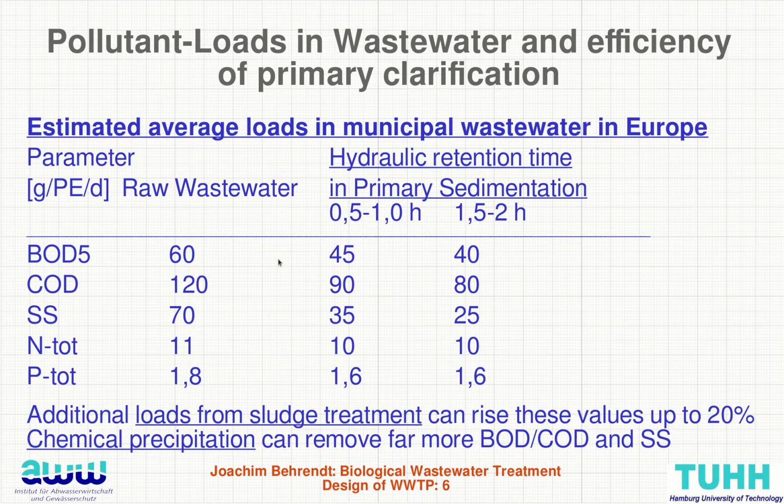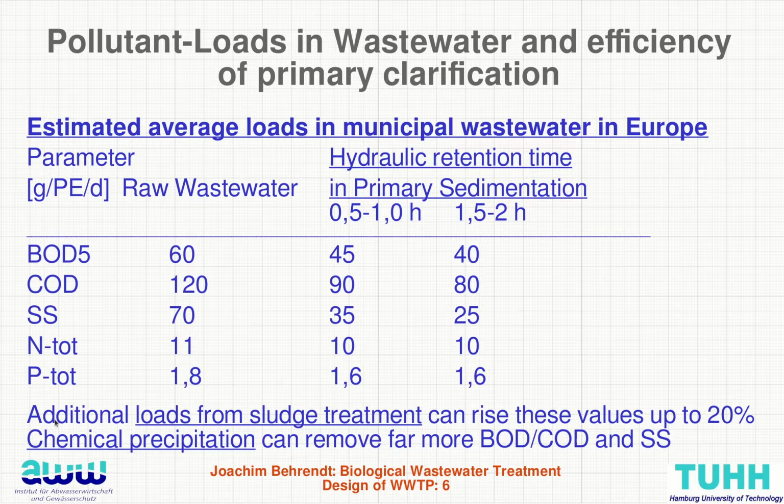There we have the BOD 60 grams, COD 120, suspended solids 70, total nitrogen 11, total phosphorus 1.8. And after primary sedimentation, normally we have a short form. You see that the solids are reduced, but the nitrogen and phosphorus are really low.